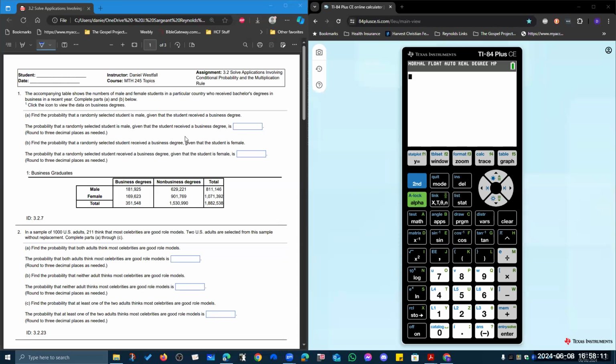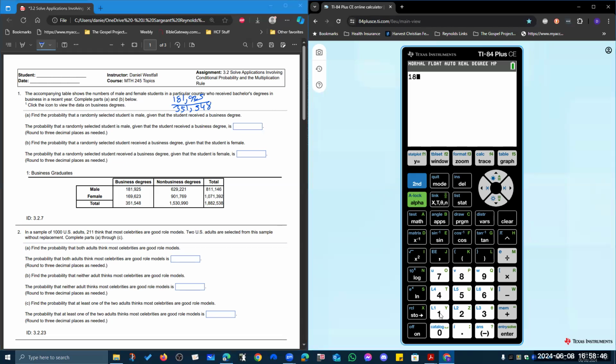Find the probability that a randomly selected student is male, given that the student received a business degree. So male given business degree here is going to be 181,925, that intersection between male and business degree, out of all the people that received business degrees, since that was the given group that we're looking for the subset of. So this is 351,548, and we want to round that to a decimal with 3 decimal places.